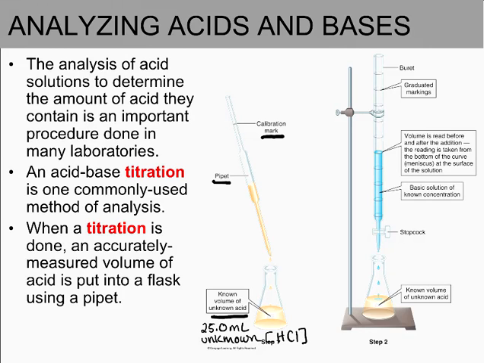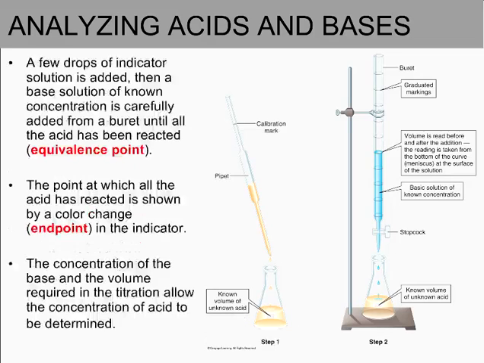All right, so then in the next step, we're going to add a few drops of indicator solution to the Erlenmeyer flask. So the indicator will change color based on pH, so we can get an idea of how acidic or basic the solution is. And initially, of course, it's acid, so it's going to be very acidic.